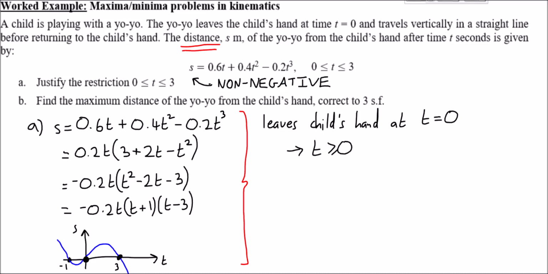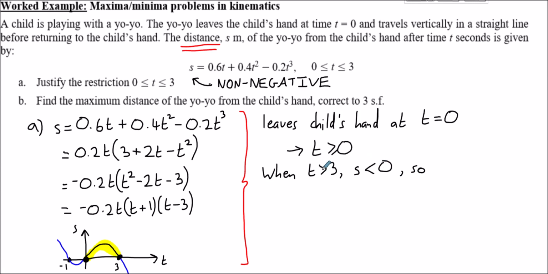So next up, we need to think about, between the time being 0, whereabouts is this going to be non-negative, positive or 0? It's going to be non-negative between 0 and 3 seconds. We can word this by saying something along the lines of, when t is greater than 3, s becomes negative. The distance becomes negative, which is what we're not interested in.